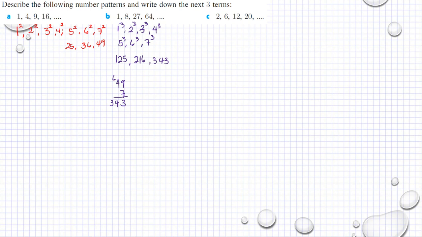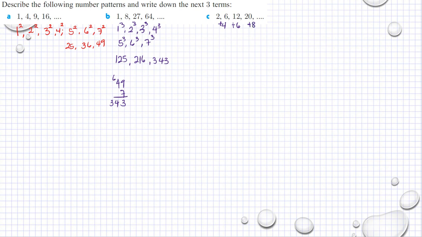Okay. How about this one? We have 2 plus 4 is 6. 6 plus 6 is 12, and then 12 plus 8 is 20.